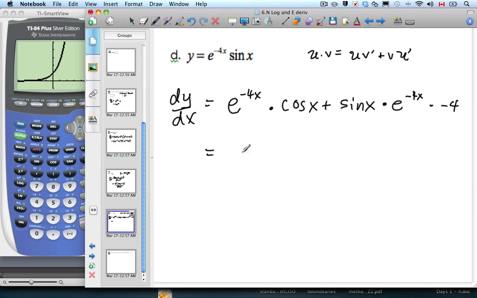Great. So I have e to the negative 4x cosine x minus 4 e to the negative 4x sine x. Do you want to factor out? Nah, let's just leave it like that. Okay, great. One more to go.